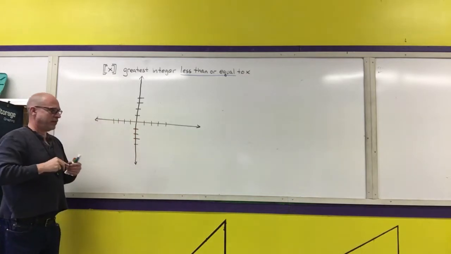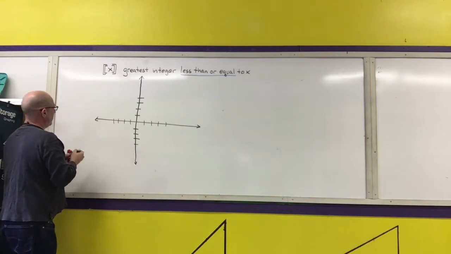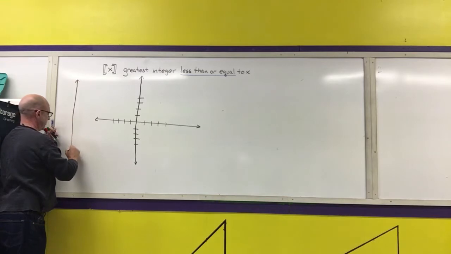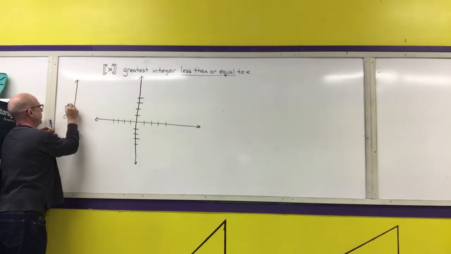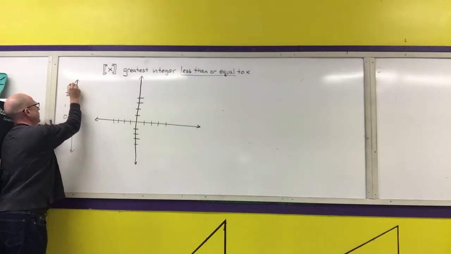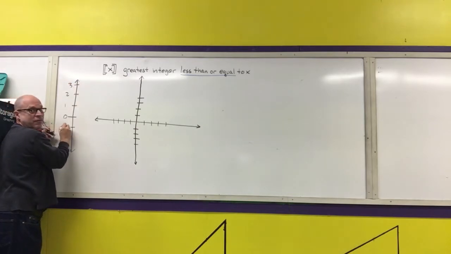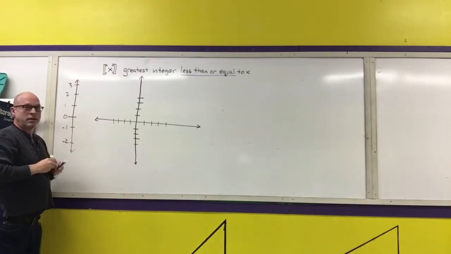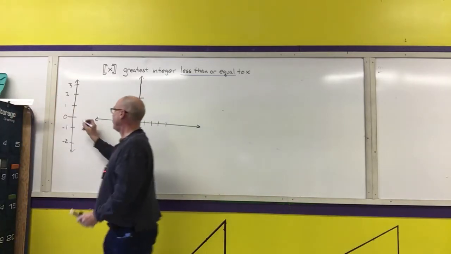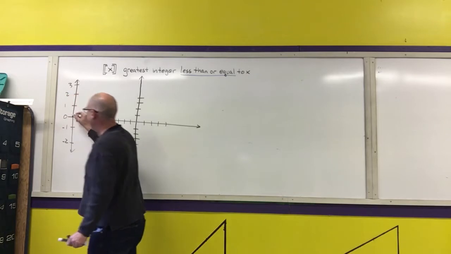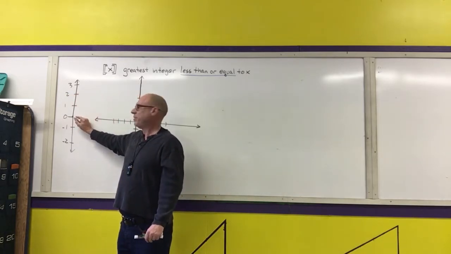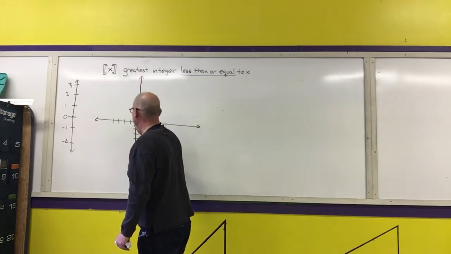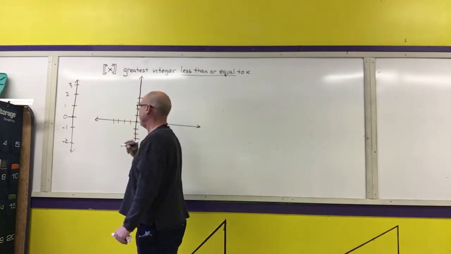Let's do the easy one. I'm going to draw a vertical number line so we can ask ourselves several questions. So here's 0, 1, 2, 3, negative 1, negative 2. If I were to pick the number 0, where is the nearest integer at the number 0? Well, it is the number 0. So when I put a 0 in for x, I get a 0 for y.